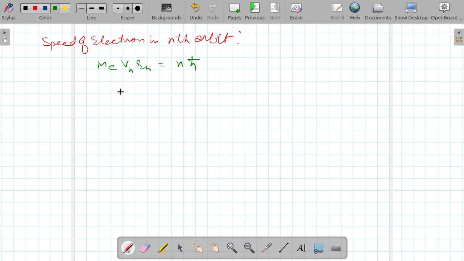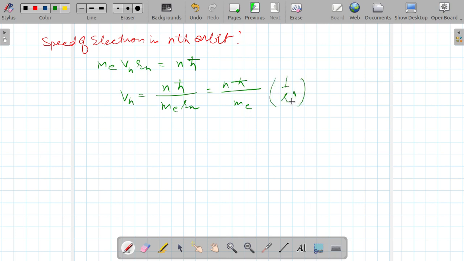So from here, the velocity in the nth orbit comes out to be n h cross upon me rn, or n h cross over me into 1 over rn.